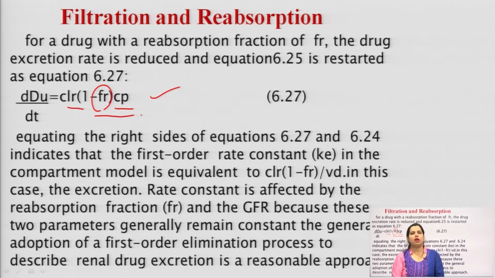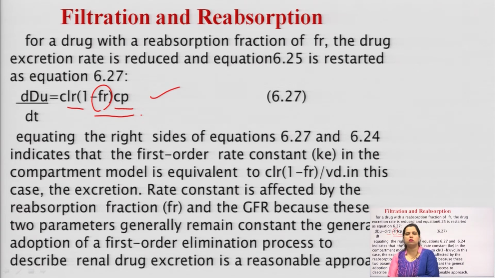Basically, what we are trying to say is that if we compare the compartment modeling and the physiologic model considering reabsorption processes, the right side of both the equations will be comparable, and the rate constant is basically affected by the reabsorption fraction and the GFR. Both play an important role, because these two parameters generally remain constant.